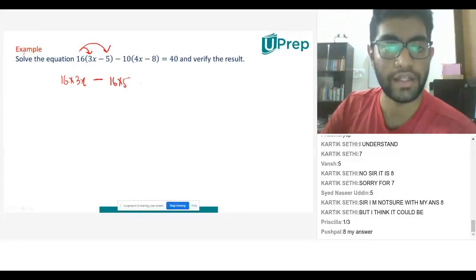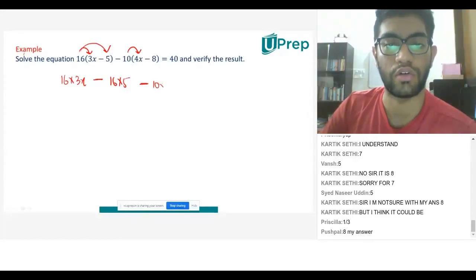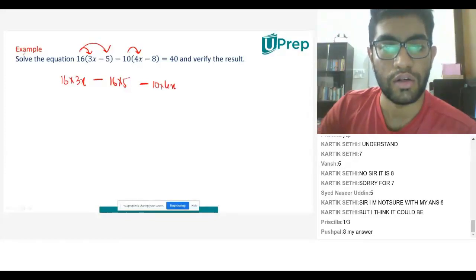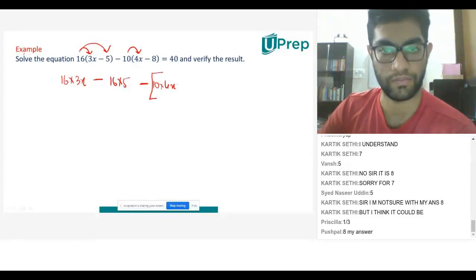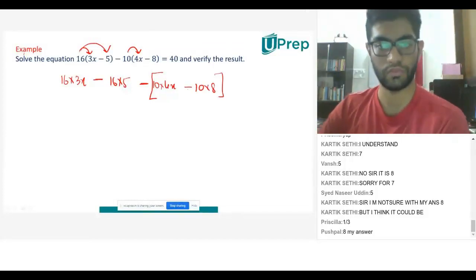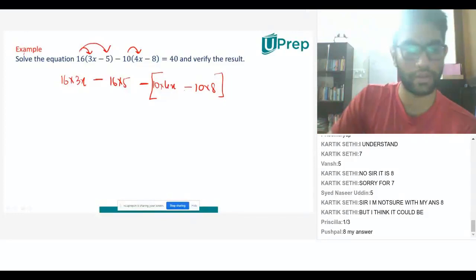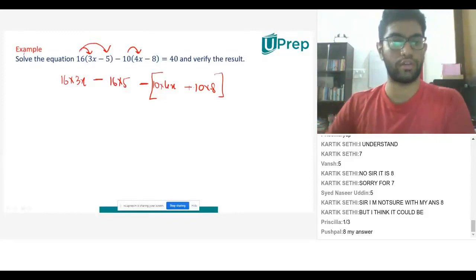Minus 10 is to be multiplied by 4x. 10 is to be multiplied by minus 8. If I have to put it in a way, it is 10 into minus 8. Okay guys.